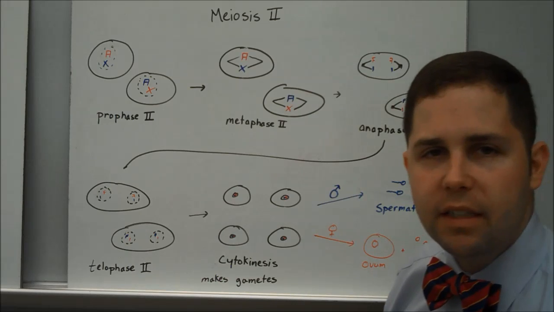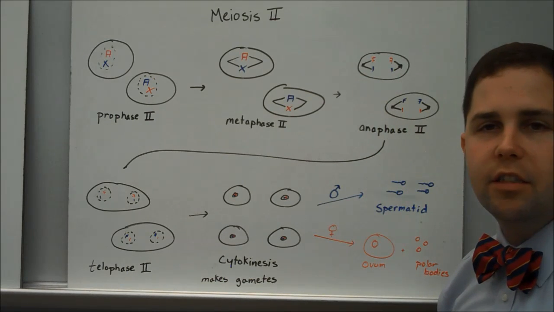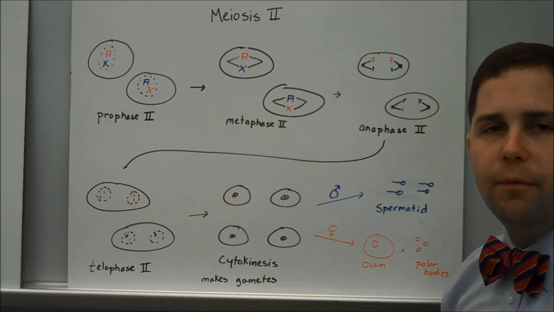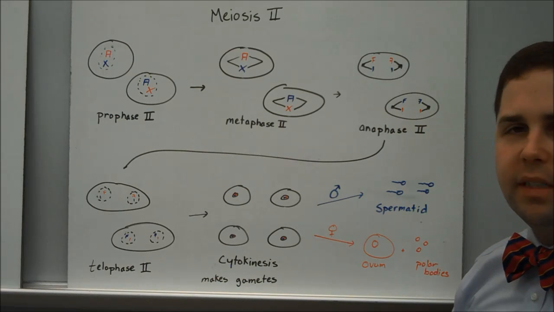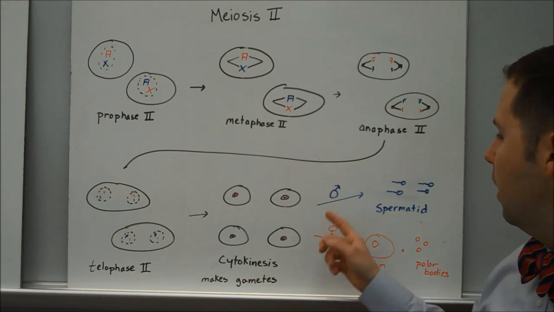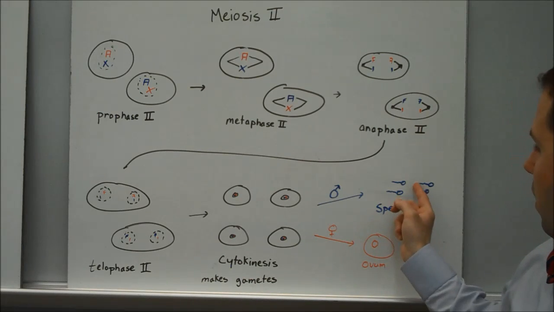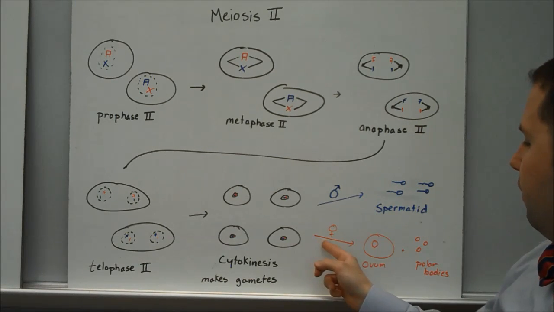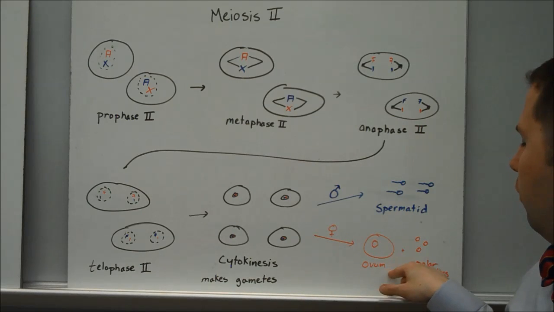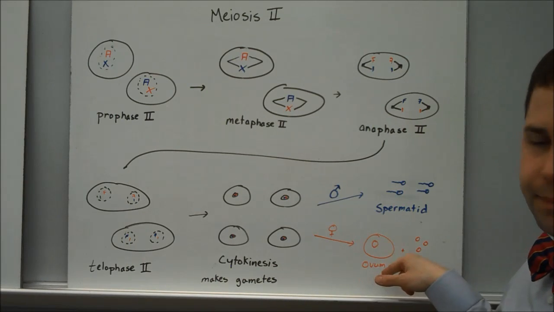Gametes, or gametic cells, is the generic term we use for sex cells. In humans, and in fact many organisms, the male gamete is known as a spermatid, or a sperm cell, and the female gamete is known as an ovum, or an egg cell.